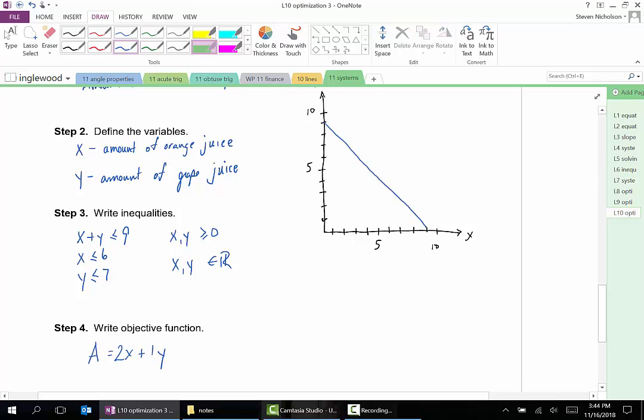And X is less than 6, remember, it's a vertical line, but it also has to be greater than 0, so it's in between right there. And Y is less than 7, and again, greater than 0. So our feasible region is going to be this region right here.